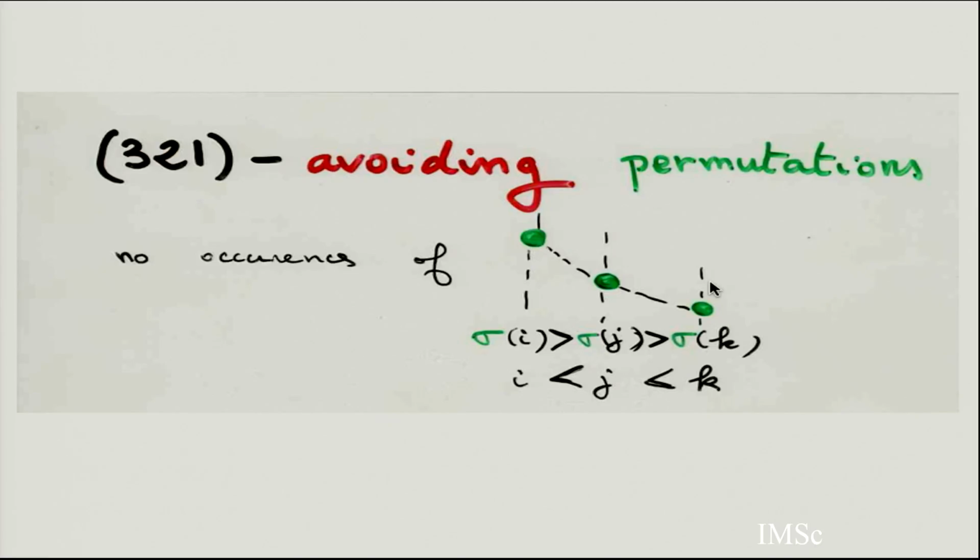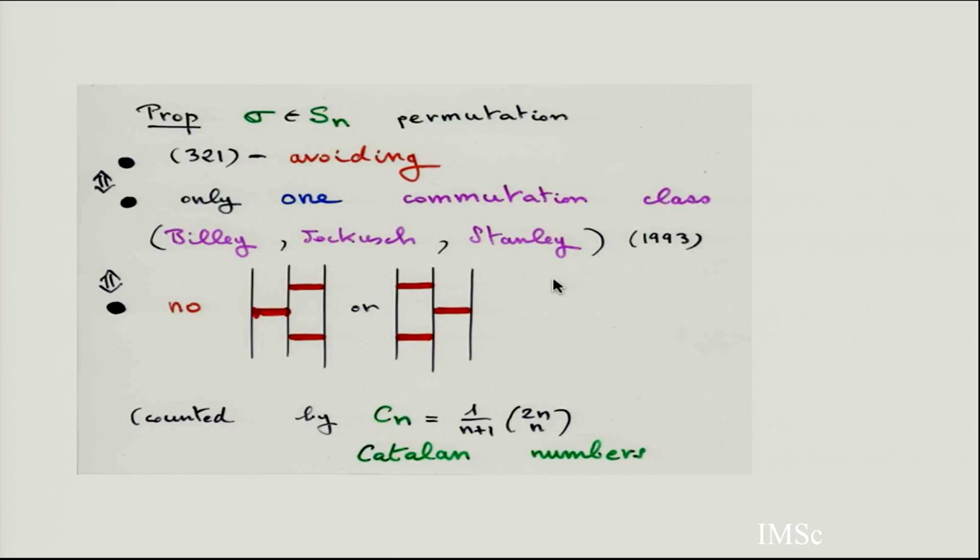bijection. So we cover a theorem of Billey, Jockusch, and Stanley in 93, that there is a bijection between 321-avoiding permutations, elements having only one commutation class, so these are the fully commutative elements of the symmetric group, and heaps of pieces having no such factor. They write the proposition in terms of the generators of the symmetric group, but translated in heaps, it means there is no such factor in the heaps and no such factor in the heaps.